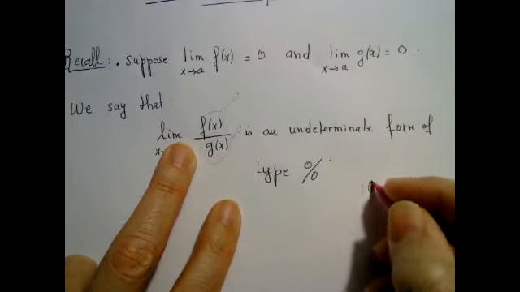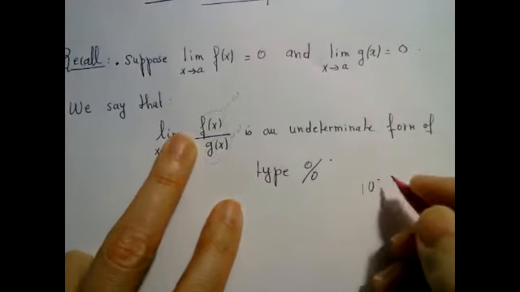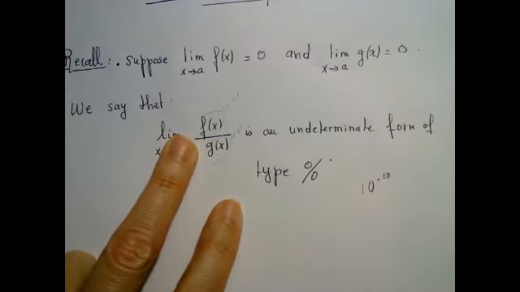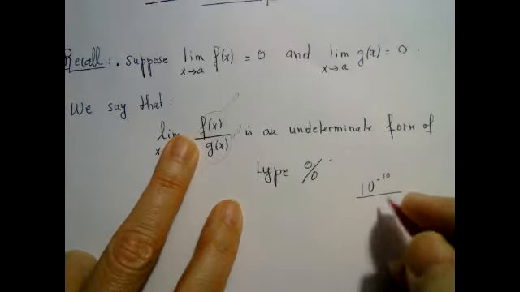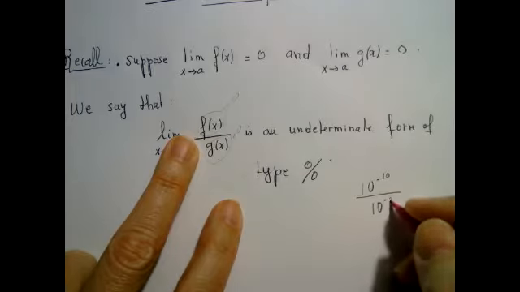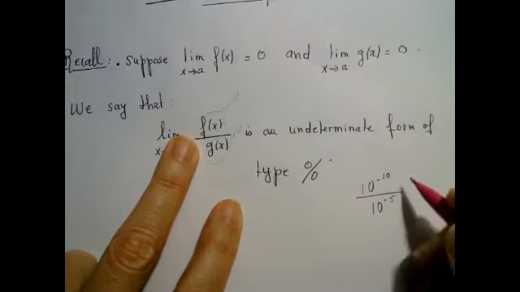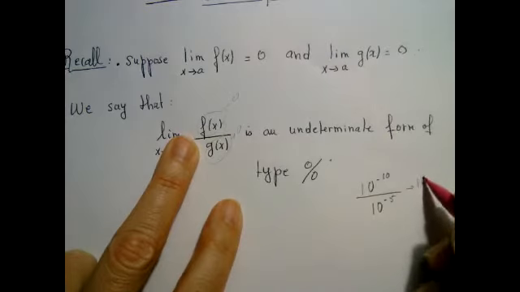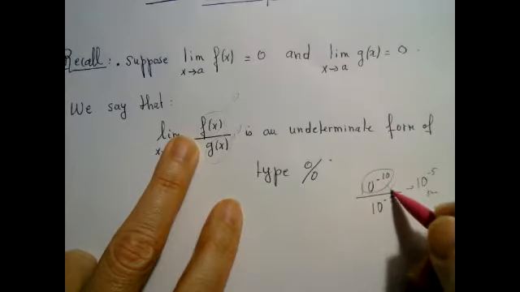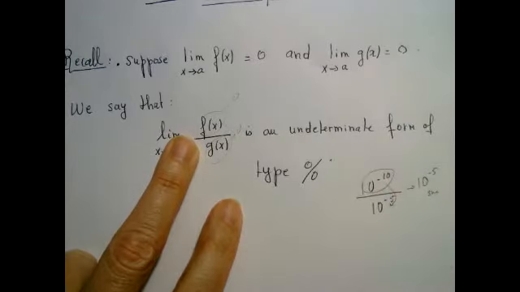So it's like if we think about numbers. If f becomes very small, like 10 to the minus 10, that's really small, and you divide it by something also small, like 10 to the minus 5, the numerator is way, way smaller. So this is going to drag the whole thing, 10 to the minus 5, to make it small, because the numerator is way smaller than the denominator.